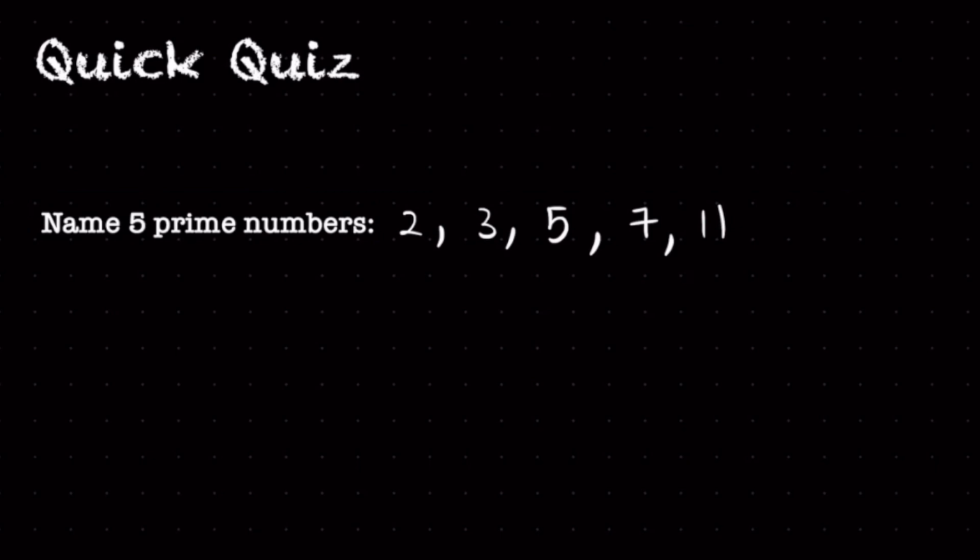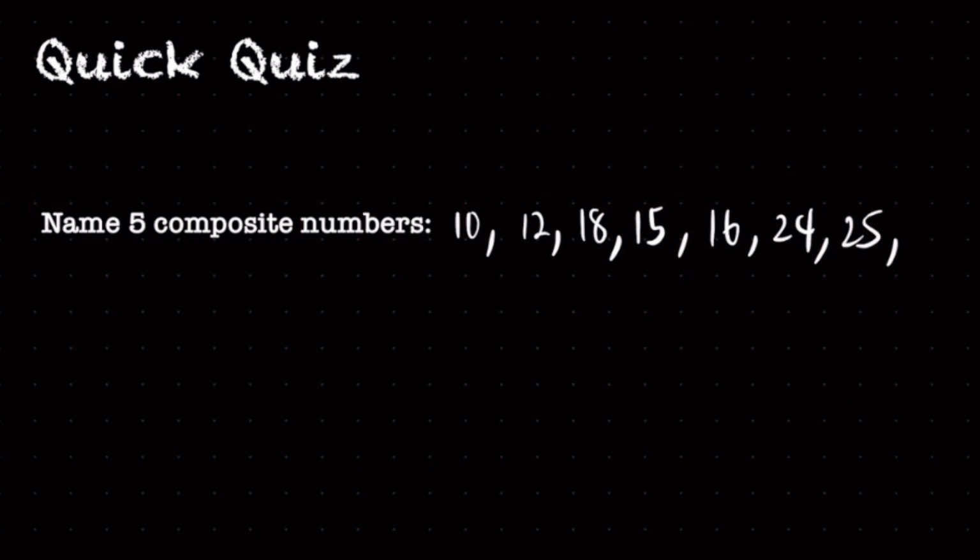Can you name more? 13, 17, 19, 23, 29. Did you list this or did you list something from the grid?